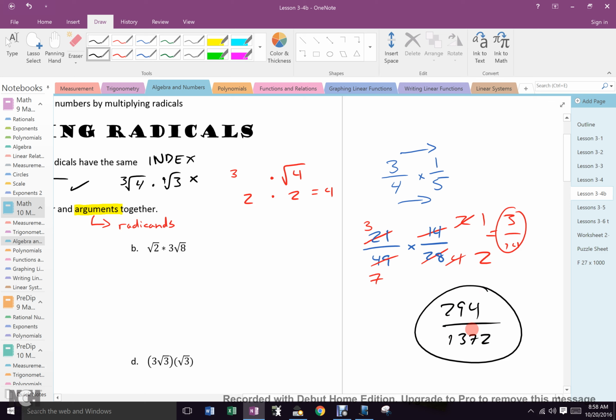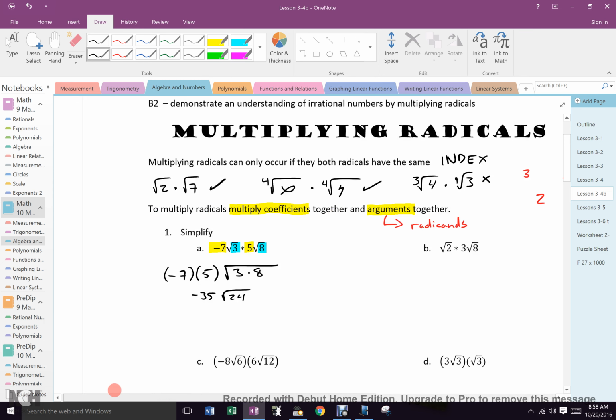It is, but math guys don't want it that yucky, do we? We like our math elegant, simple, together as possible. So what would you guys do here now? We would simplify our radicands, which is what we did yesterday.